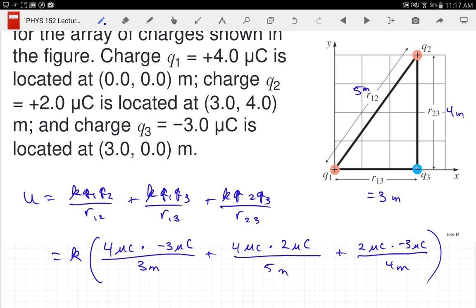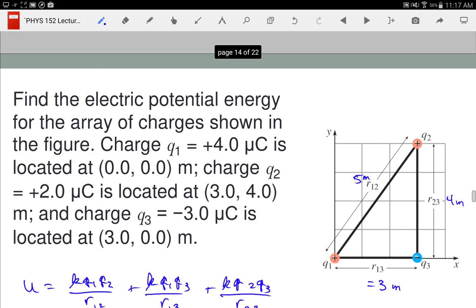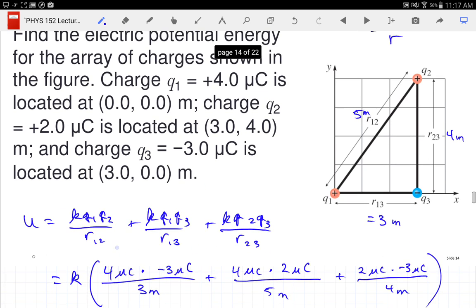See the method? Now, on the test, I will be giving you the equation that says U is equal to K Q1 Q2 over R. I won't give you the equation that I wrote here. Why not?